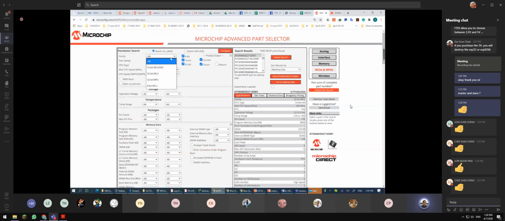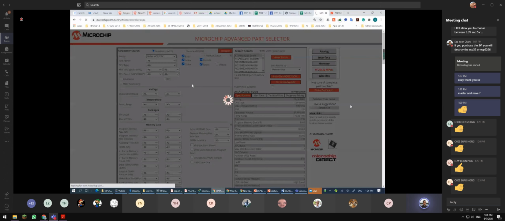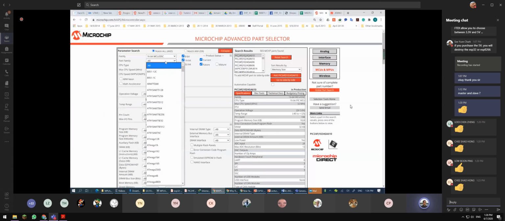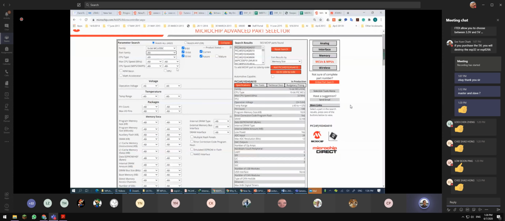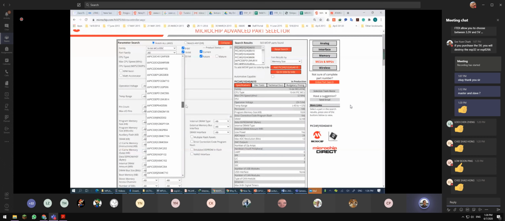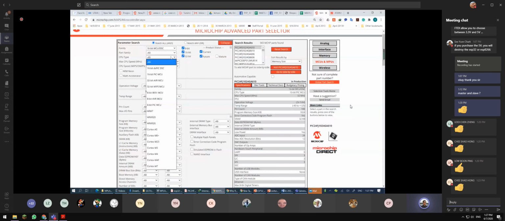Let's say for example, I want to choose a 16-bit microcontroller. Then there are so many versions of 16-bit microcontrollers. Let's say I choose a PIC24. Let's say I don't know which one, so for CPU type, I just want a 16-bit.